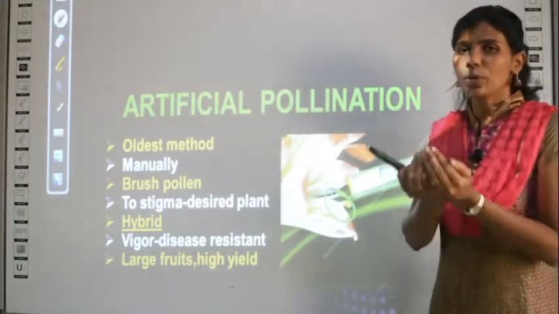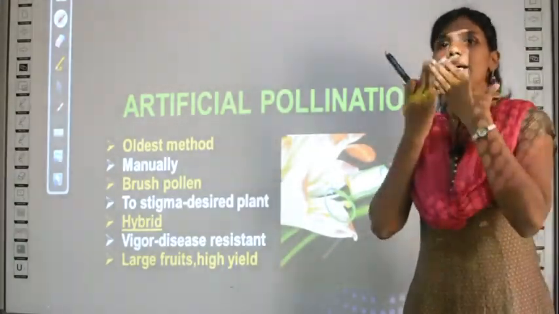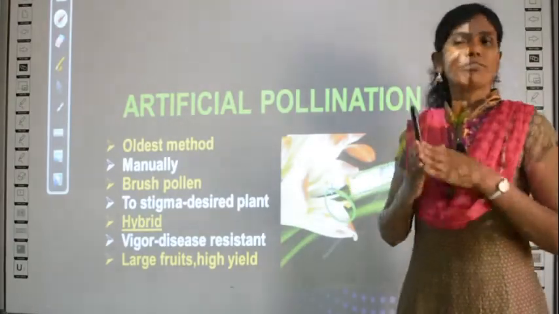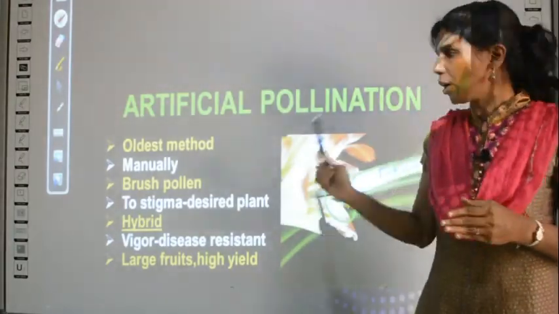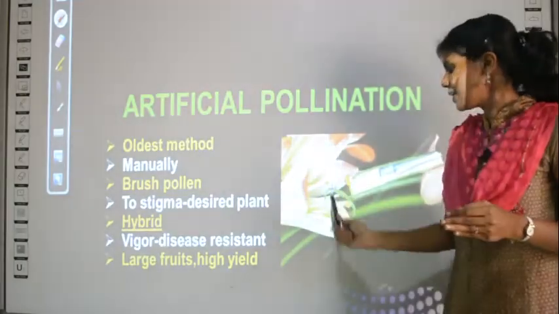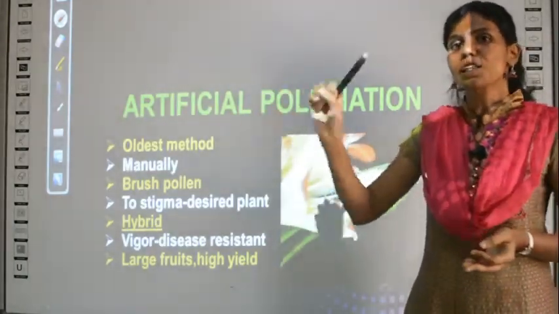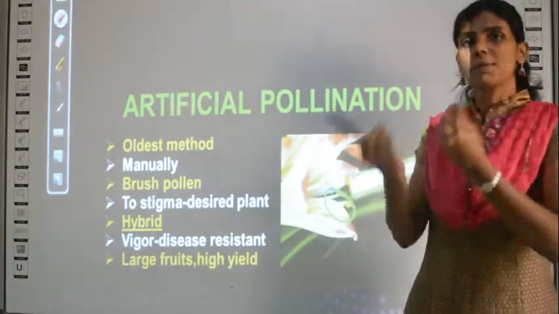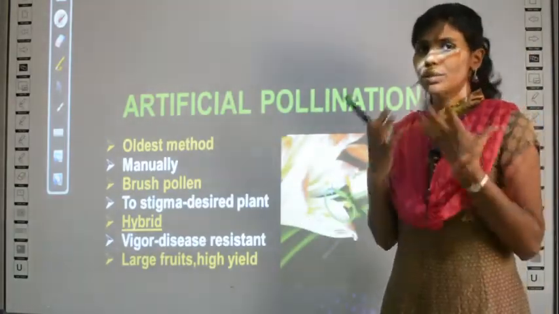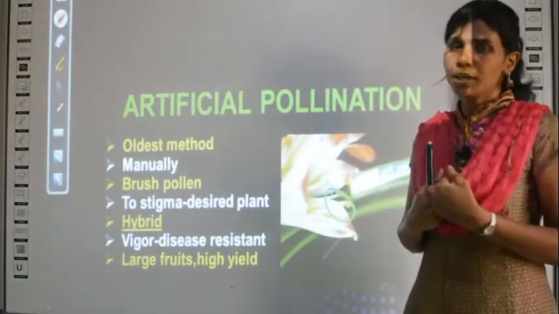This pollen is artificially dusted onto the stigma of another flower. So this is purely man-made. He collects the pollen grains from one flower and sprinkles them on the stigma of another flower. This is the artificial pollination process.